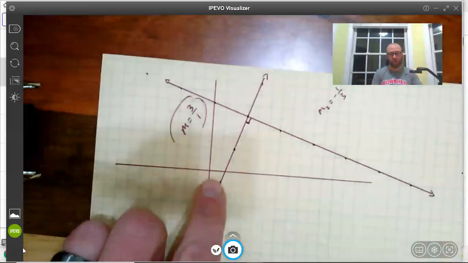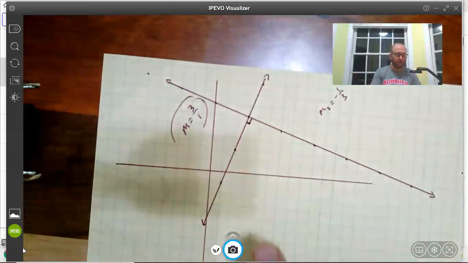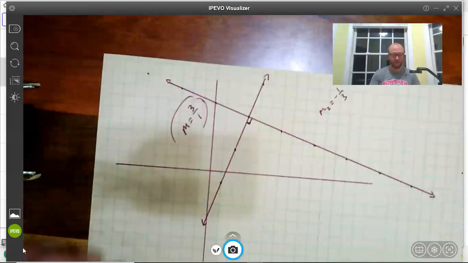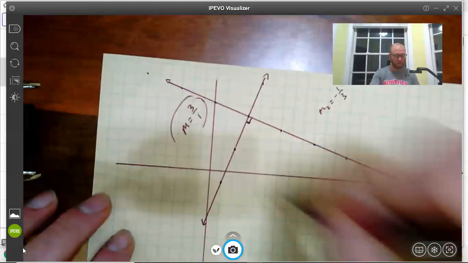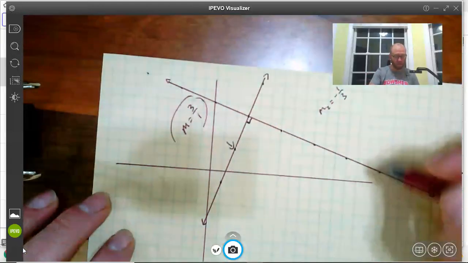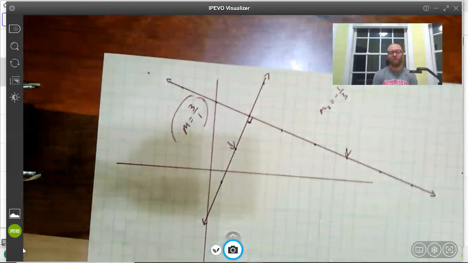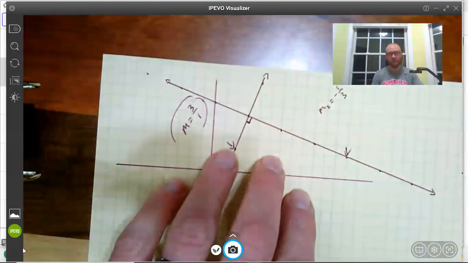Or I could travel along here and stop somewhere, and then travel along this line a distance that's 3 times as long as that. And then once I have 2 points, I'm just going to pick a couple points like here and here.